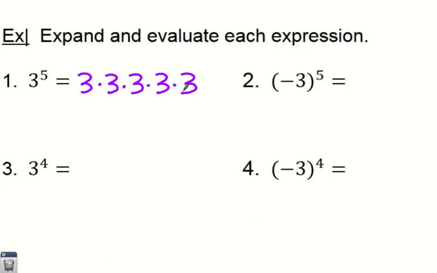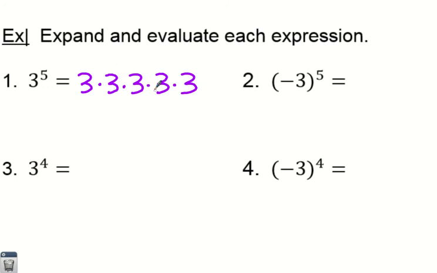Let me grab my calculator just to make sure I'm not going to make a stupid mistake. So 3 to the 5th power, because I should say this, so listen. Evaluate, that part is like part 2 of the directions, and it means what is the value of all this?